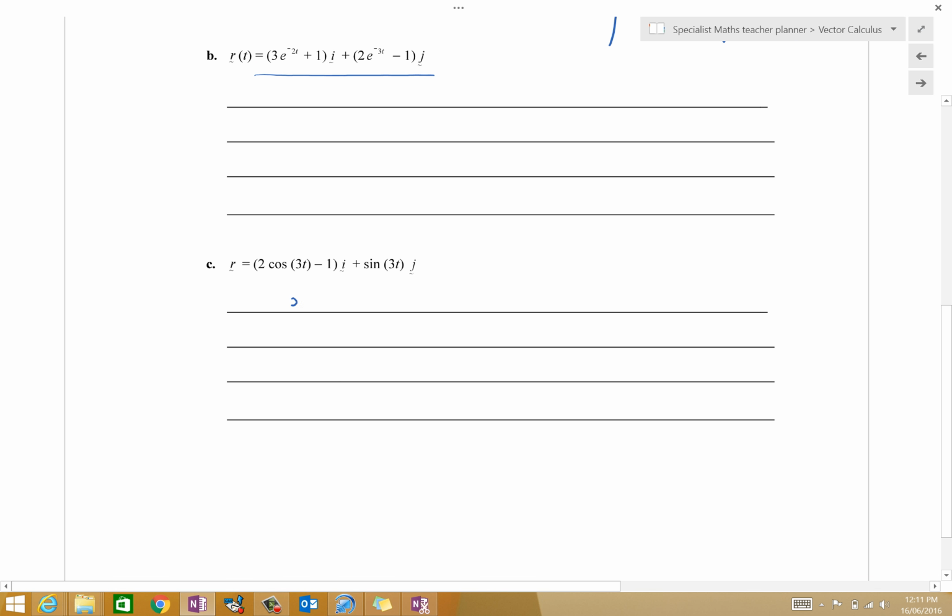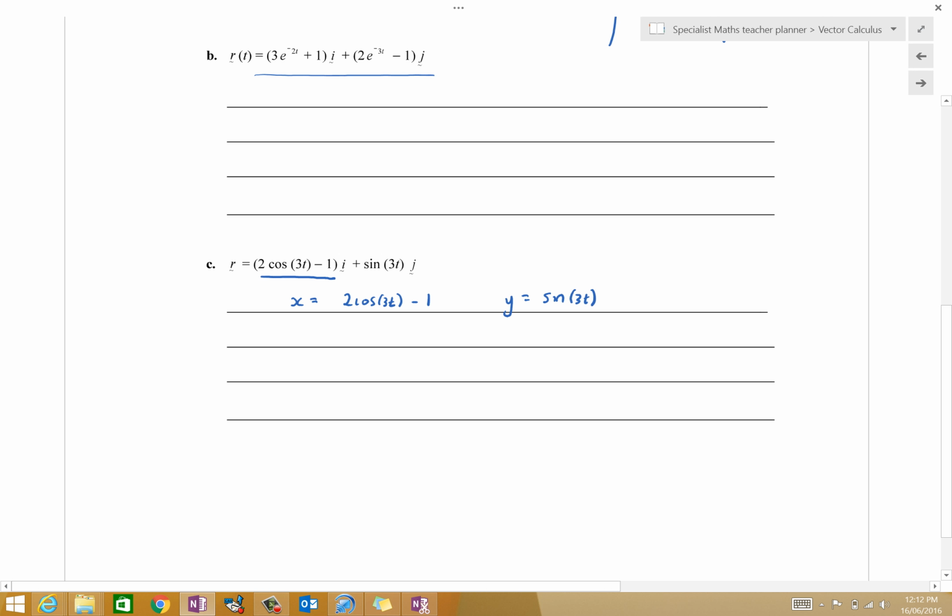First of all, we can say that x is equal to this part here, the i component. So x is equal to 2 cos of 3t minus 1, and y is equal to sine of 3t.